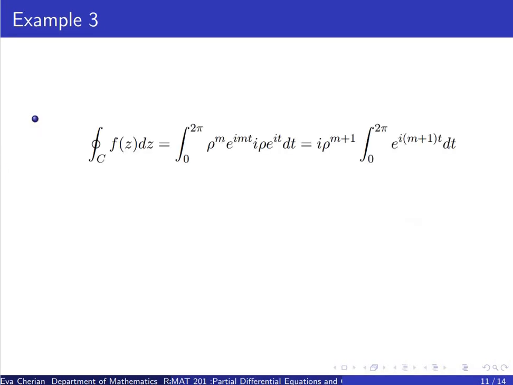Finally, integral over C of f of z dz is integral over 0 to 2 pi rho raised to m e raised to imt times i rho e raised to it dt. If we simplify this expression, this integral equals i times rho raised to m plus 1 integral over 0 to 2 pi e raised to i times m plus 1 t dt.